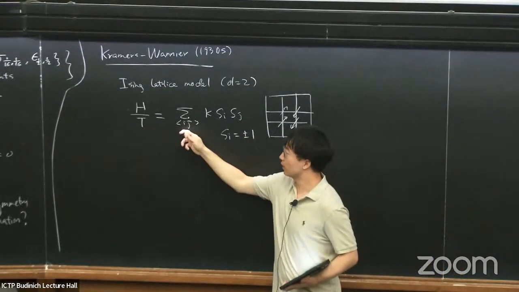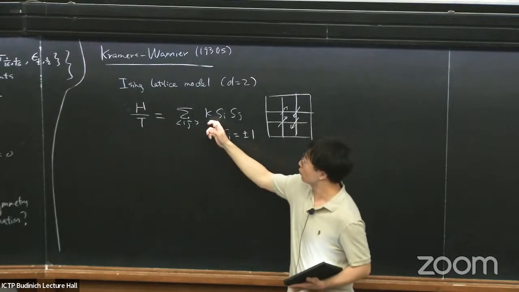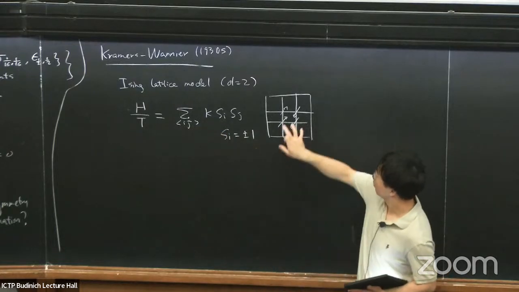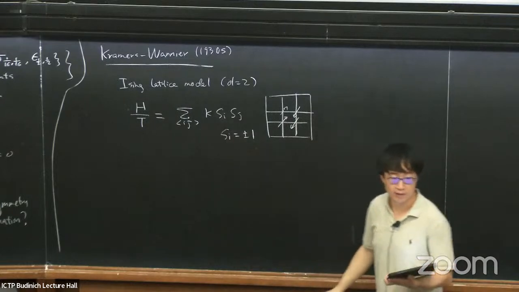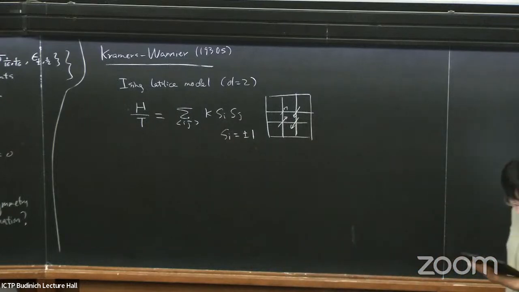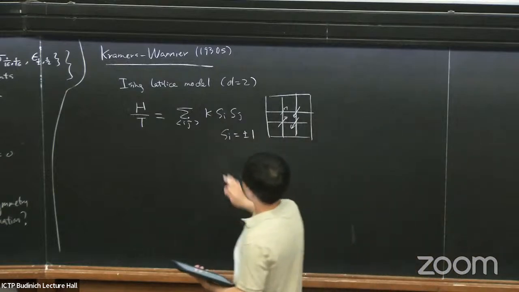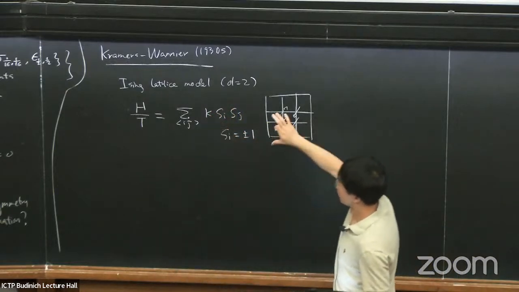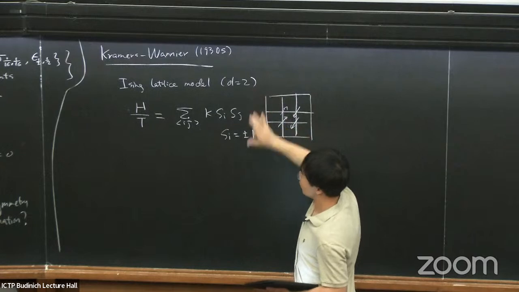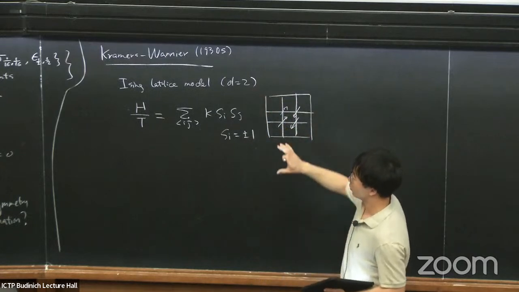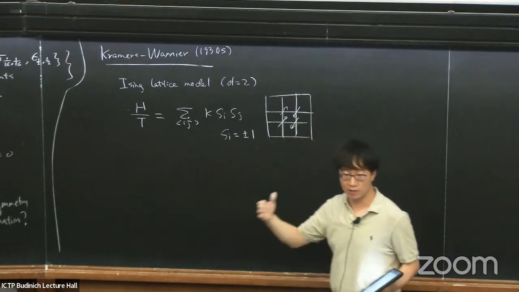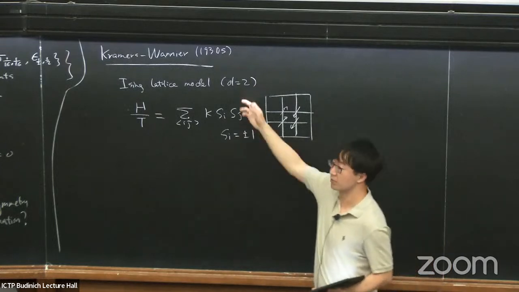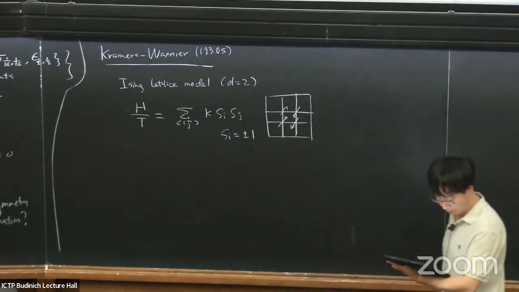This notation means that you introduce this nearest neighbor coupling for each pair of nearest neighbors, and K is the dimensionless coupling constant. As I was briefly saying, there's a very similar model related to this, described by the one-dimensional transverse Ising model. That's the quantum version of this statistical model.